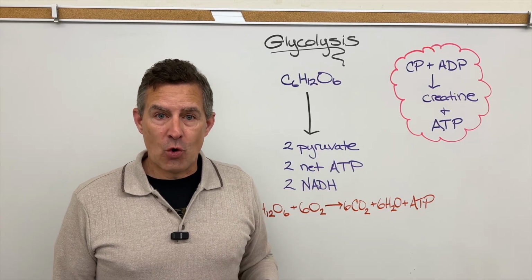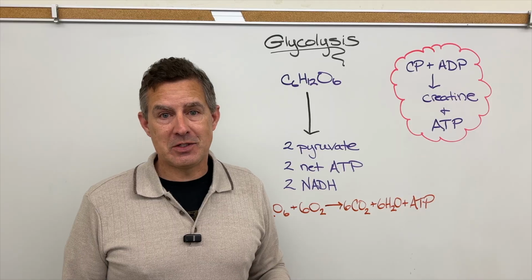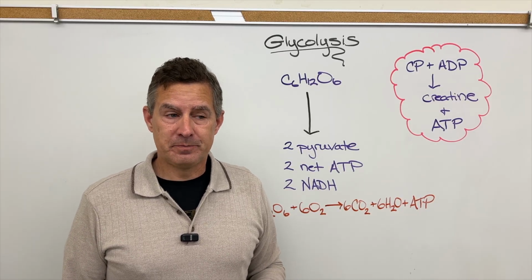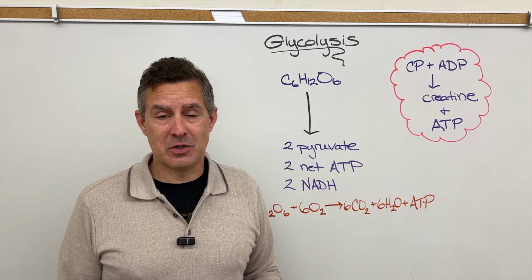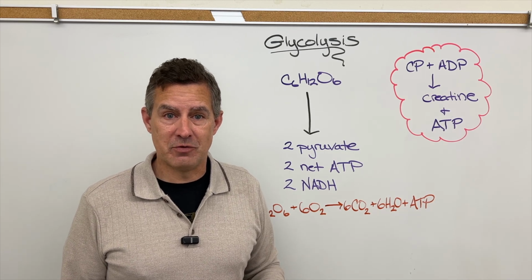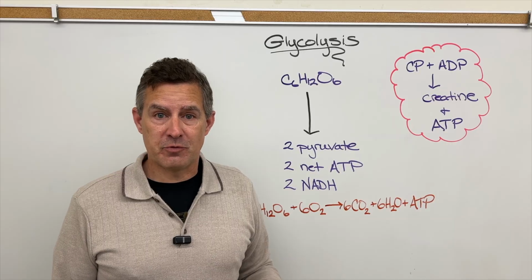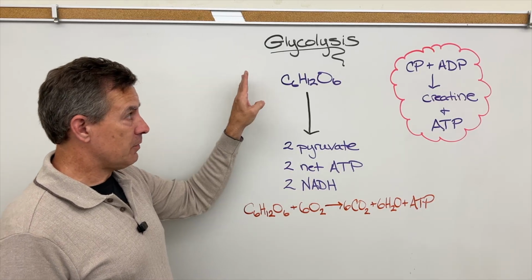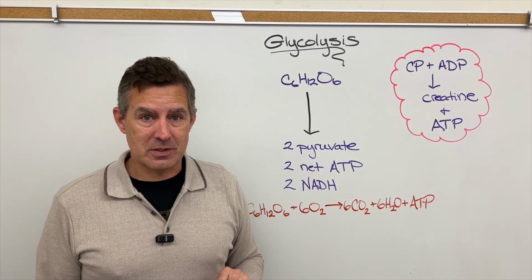When we absorb fructose and galactose via the digestive tract, they immediately go to the liver. All of the galactose is converted to glucose in the liver, and much of the fructose is as well. So we're generally using glucose in glycolysis.